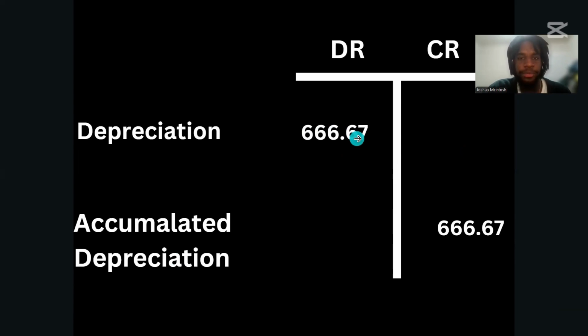So the debit for depreciation would be 667, and the accumulated depreciation would be credited by 667. So keep in mind, as long as you categorize each account correctly and you apply the debit and credit to it, you should be safe.